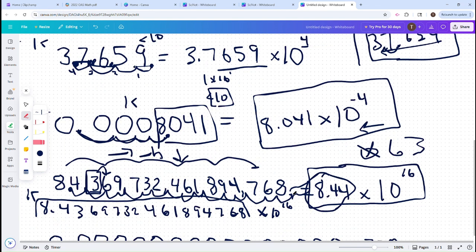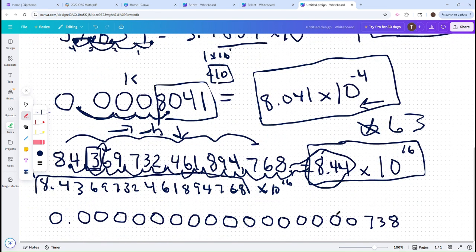Let's take a look at that decimal we had there. Boy, here we go. The only good thing about decimals is that you can see the decimal. So let's take it to the right. That means the b value, the value of the exponent, is going to be negative. Here we go. 1, 2, 3, 4, 5, 6, 7, 8, 9, 10, 11, 12, 13, 14, 15, 16, 17.